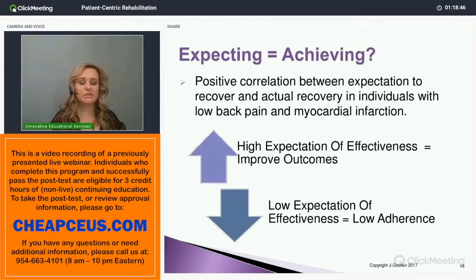So in evaluating patients and doing some research in those that had whiplash, low back pain, and shoulder pain related to a work-related injury, they studied individuals who went to a workers' comp physician that they were obligated to go to versus those who went to a physician referred by a friend. And they found that those who went to someone referred by a friend had better outcomes because they felt they were getting better care.